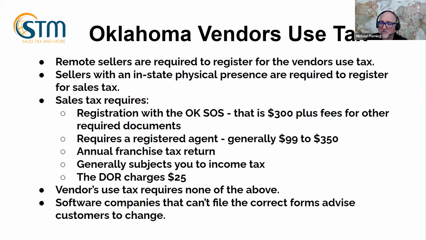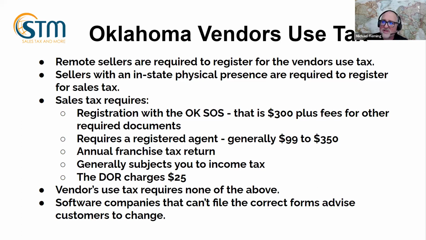You have your top tier companies, which is a little bit misleading. I think that software is a necessary evil, but I have my misgivings about all software. But then you have your second tier companies. The first tier companies are companies that can do everything you need them to do. The second tier companies are the ones that can't. And TaxJar is what I consider to be a second tier company.